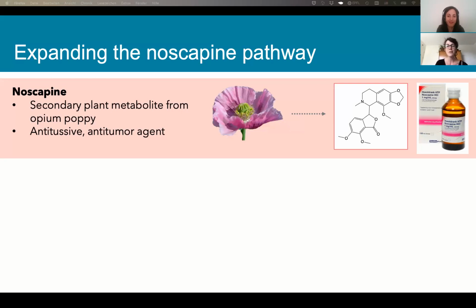An alternative would be chemical synthesis. However, when you look at the structure, you see that it's very complex. And also chemical synthesis needs sometimes toxic catalysts, and you produce waste. So this is also not an ideal solution.